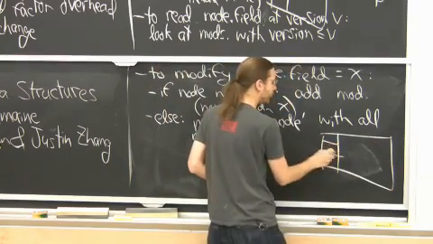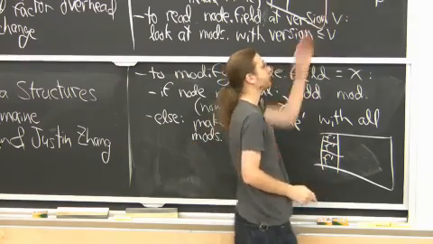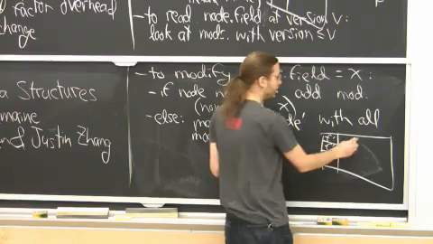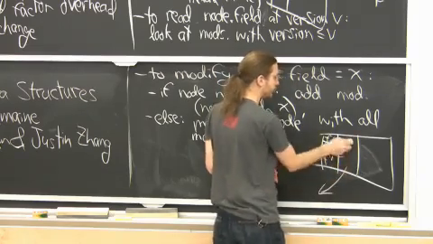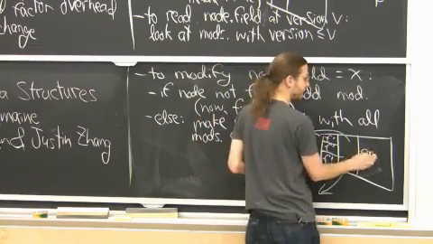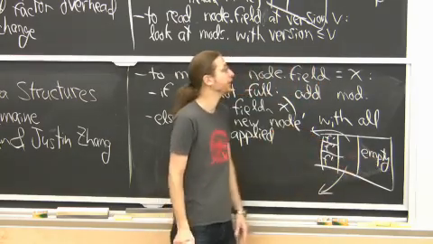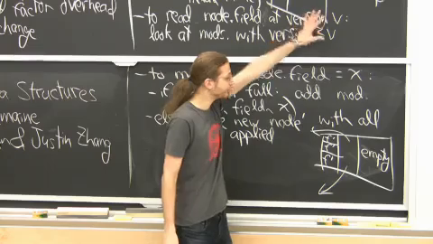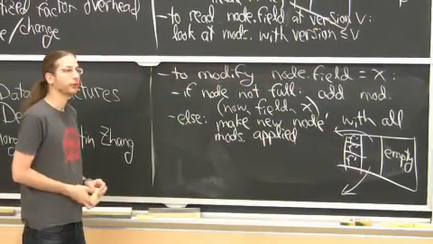It's going to have some different fields, whatever was the latest version represented by those mods. It's still going to have back pointers, so we have to maintain all those back pointers. And now the mods initially is going to be empty, because we just applied them all. So this new node doesn't have any recent mods. The old node represents the old versions. This node is going to represent the new versions. What's wrong with this picture?